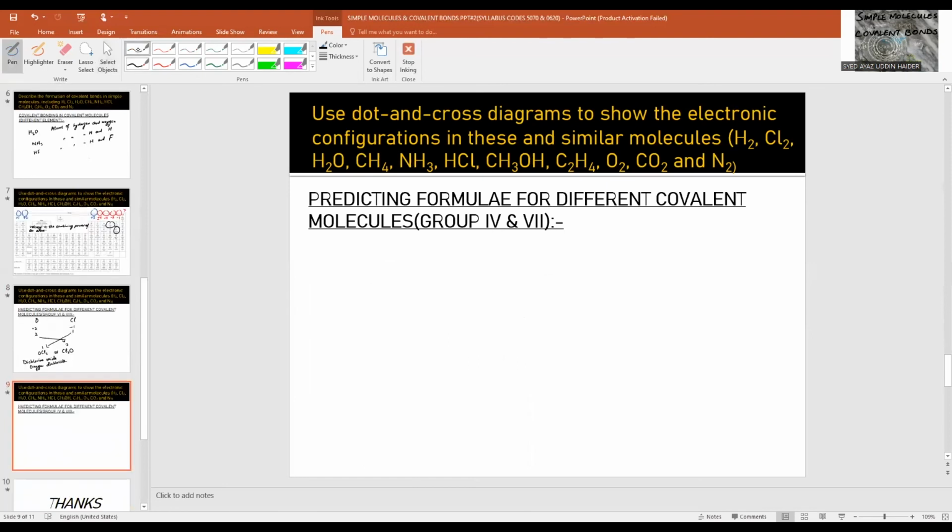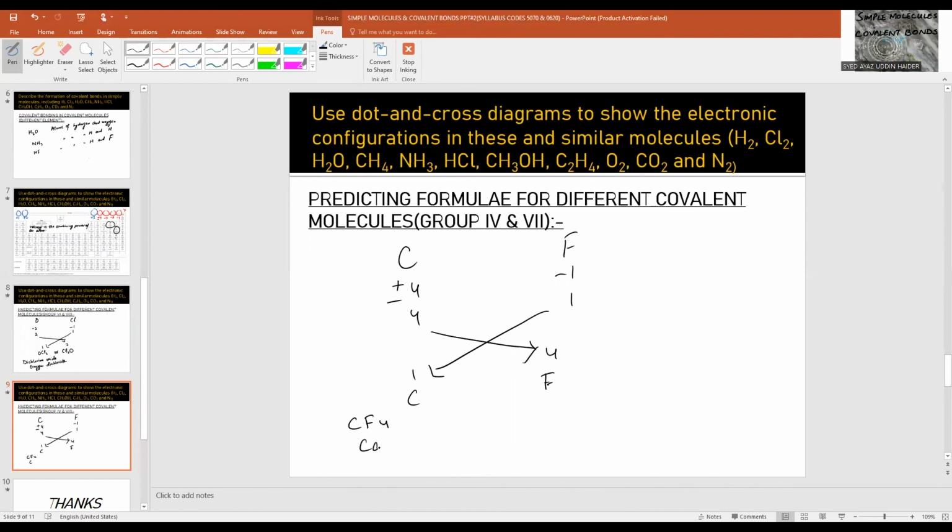Now let's work out the formula between carbon and fluorine. Carbon belongs to group 4, so valency will be plus minus 4. Fluorine belongs to group 7, the valency will be minus 1. Ignore their charges. Now these subscripts will be exchanged. So there will be 1 carbon and 4 fluorine atoms. So we have CF4.